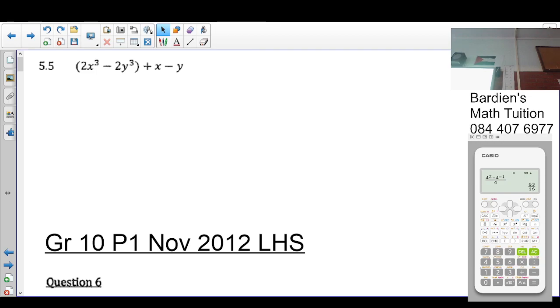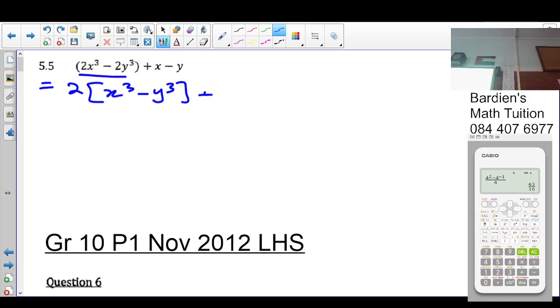Right. Okay, what's going to happen here? What can happen in the first step? Common of 2. And they're left with x cubed minus y cubed plus. We put a bracket around here, don't change the value. In the first bracket, what can be done? Difference of cubes, not so?